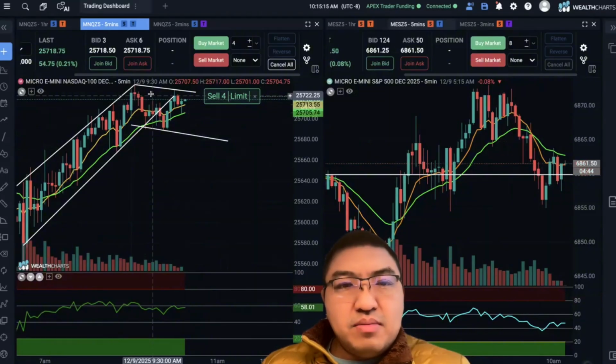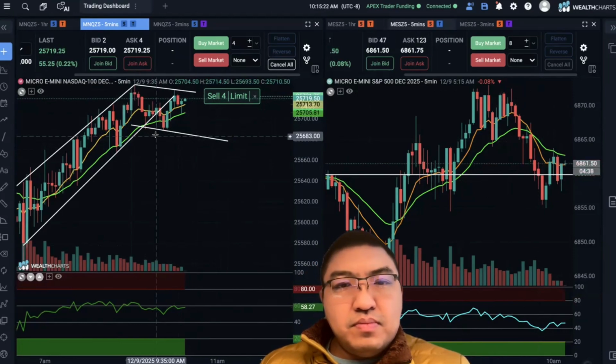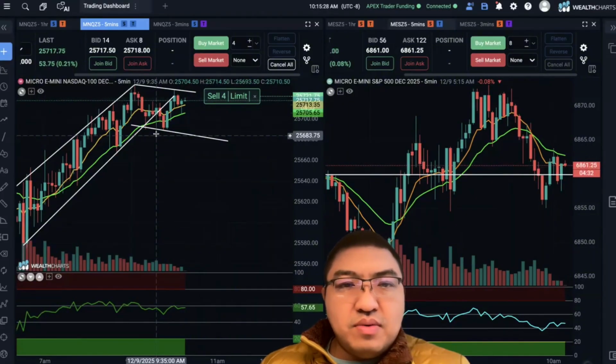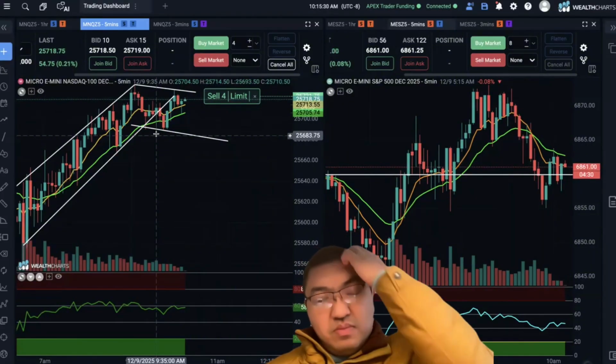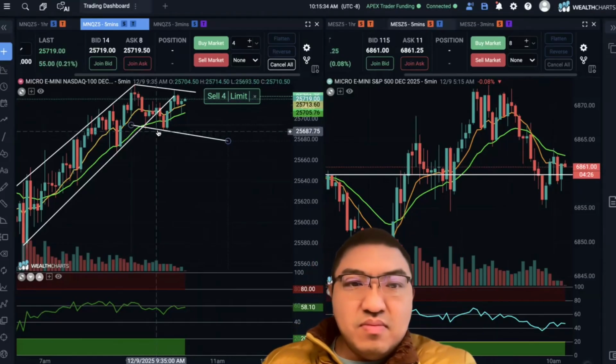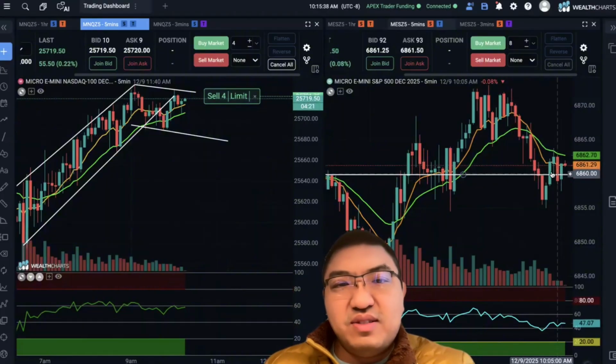This is an uptrend, so it's very risky to go short. But for ES, this is a downtrend.